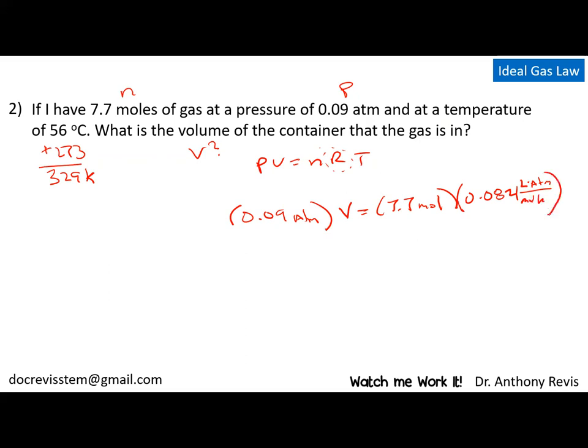Okay, and that's times. I really didn't do a good enough job here writing this out. Times T, which is 329. We'll squeeze it in here.